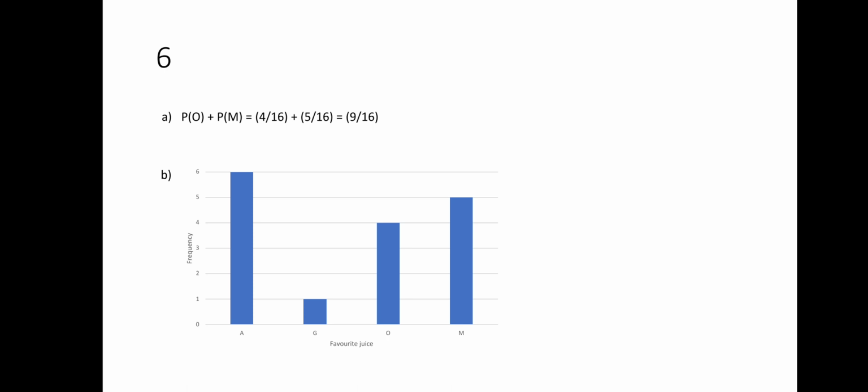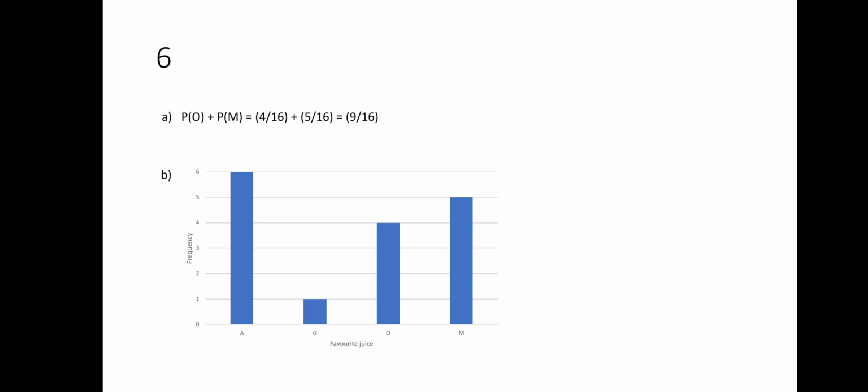The next thing is that the vertical axis should start at 0 and go up in equal increments. So starting at 0, I went from 1, 2, 3, 4, 5 all the way up to 6. And then obviously for the horizontal axis, each bar also needs to be clearly identifiable.